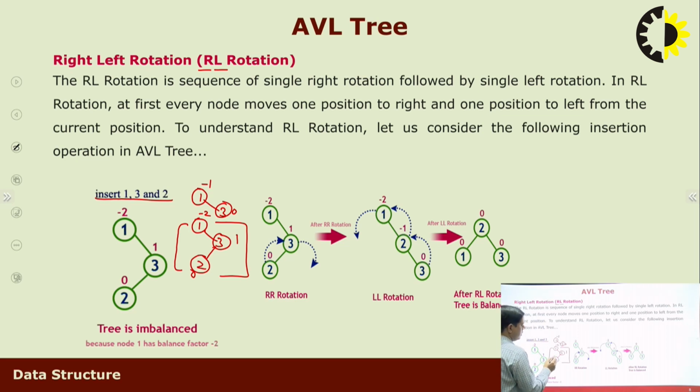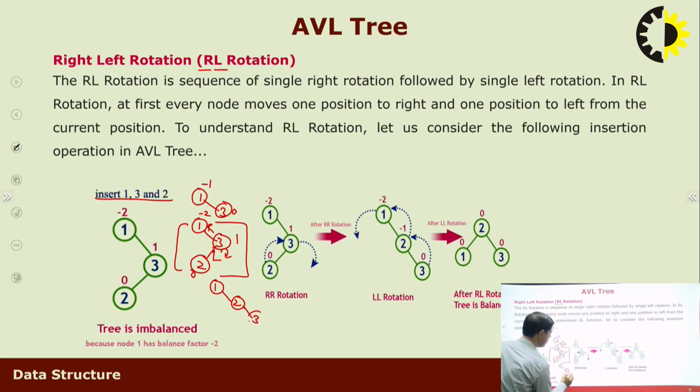Now, it is unbalanced when we insert node number 2. Now we will go from that node to that node, that is the right and that is left. First of all, we will rotate the tree in the right direction at node number 3. If we do this, then it will be like this: 1, 2 and 3.